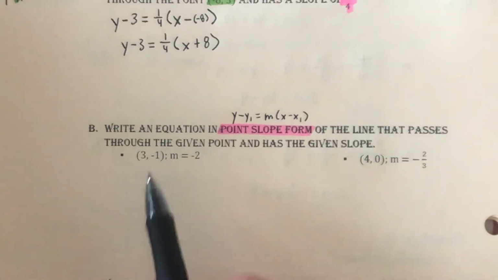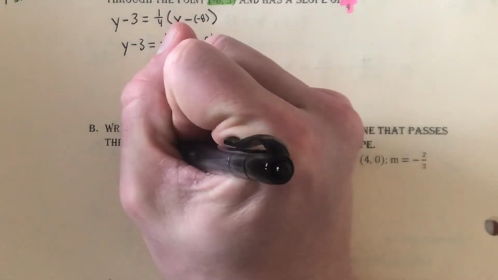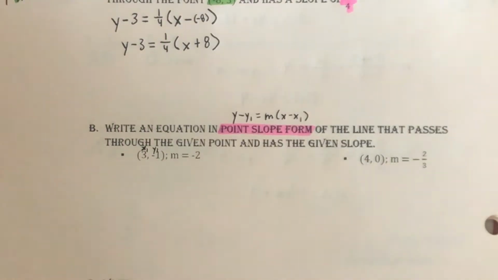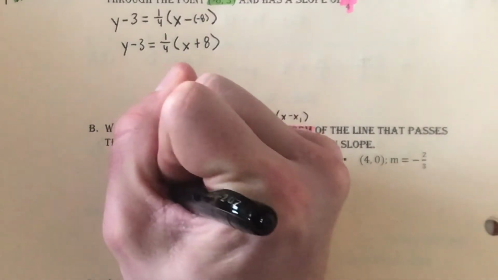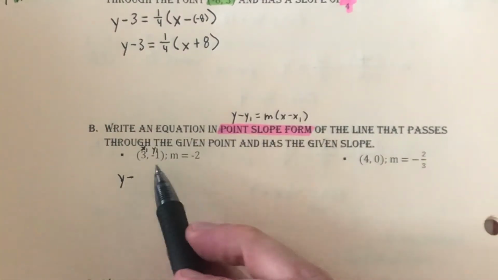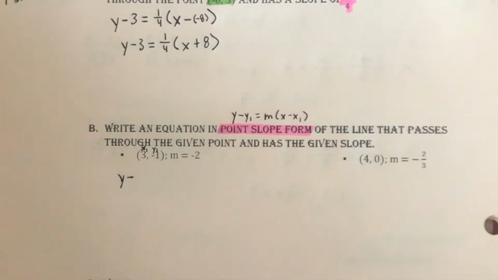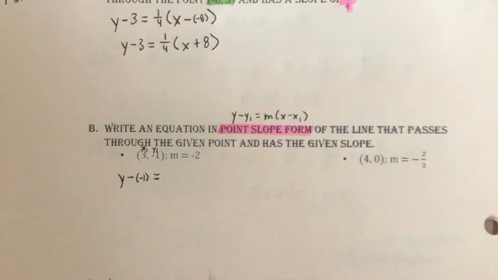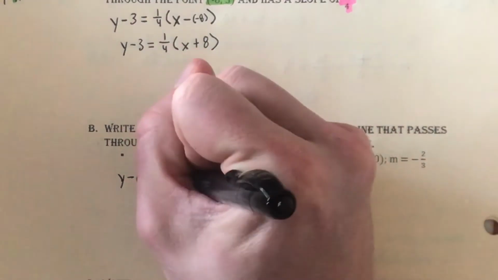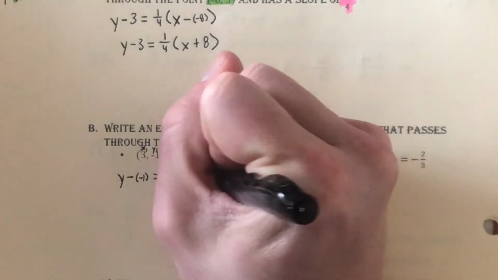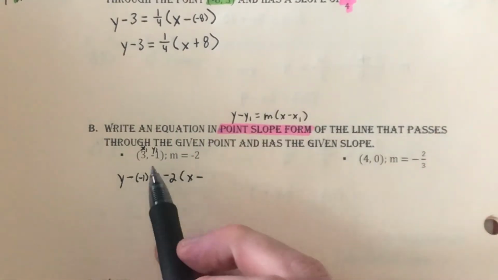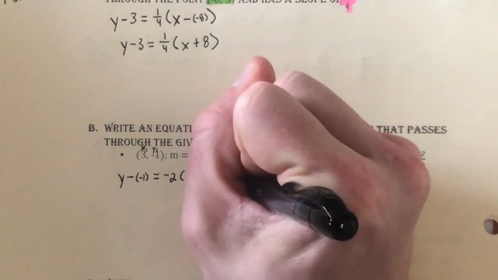For my first example on B, I'm going to label my ordered pair. I'm going to call this x1, y1. My slope is -2, and I'm going to plug that information in. So y minus y1 is negative 1, so I've got y minus negative 1 equal to m, which is negative 2, times x minus x1, which is 3.